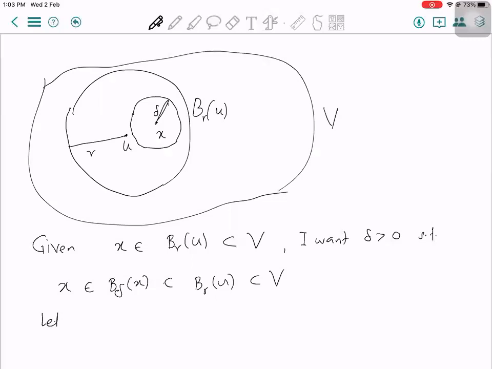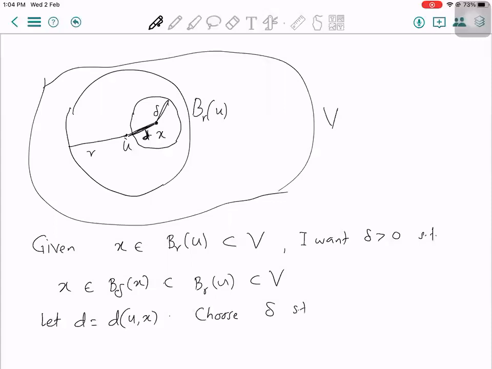Let D equal the distance between U and X. Then basically what I'm saying is that this distance D, and when I start going from X in any direction, I should not go distance R or more from the center U. So how should I choose delta?